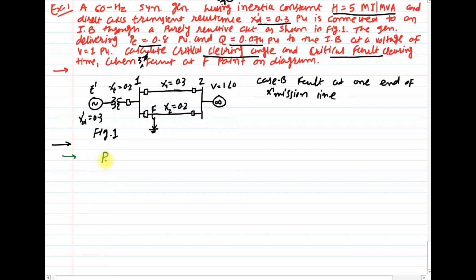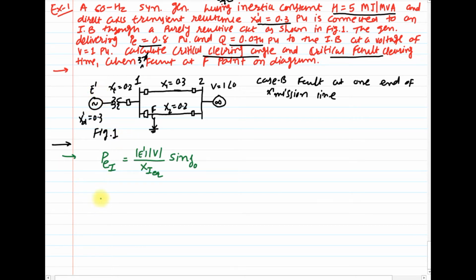The equation for normal operating condition is PE1 equal to E dash V by X1 equivalent, I will consider X1 equivalent with respect to P1, sin delta 0 during the normal or initial operating condition. So you have to substitute the value of E dash, which is not given to us.